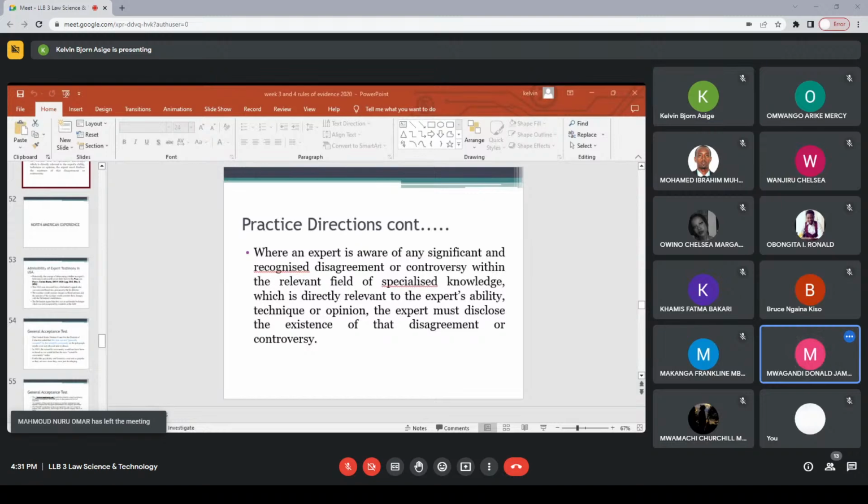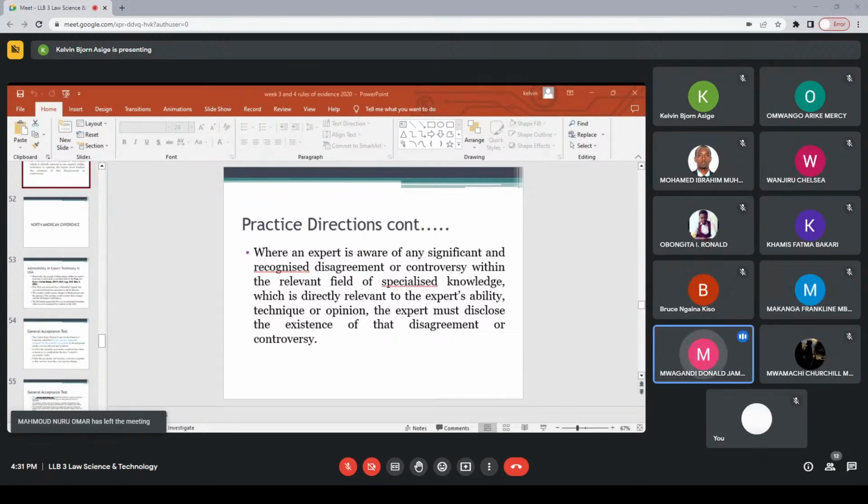Yes, so basically I can say these practice directions are really deep, and honestly, to the length of my research, I don't think I've come across an area of law in Kenya that goes into detail on issues to do with expert evidence.